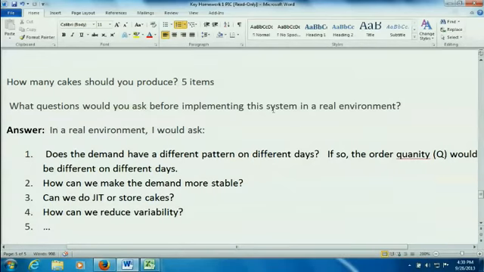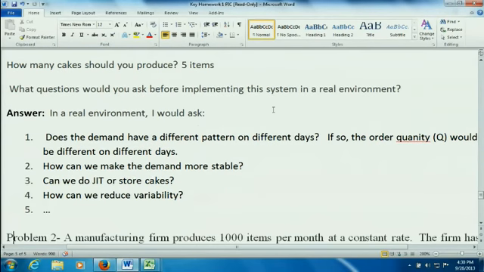And then finally, can we do some sort of just-in-time or store the cakes? Can we store the cake material and partially assembled and then assembled to order? Okay? And all of this on EOQ comes down to, can we reduce variability? Or not EOQ, but Newsvendor. Can we reduce variability? Can we lengthen the time period that items are good for? Those sort of questions.